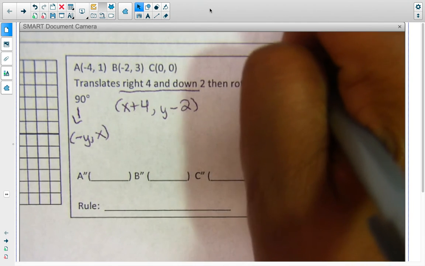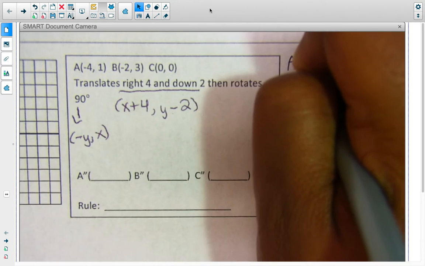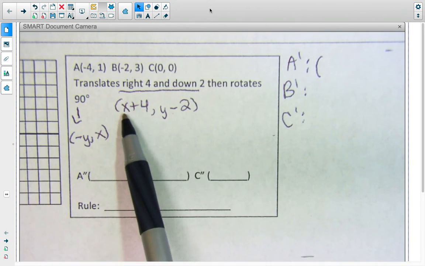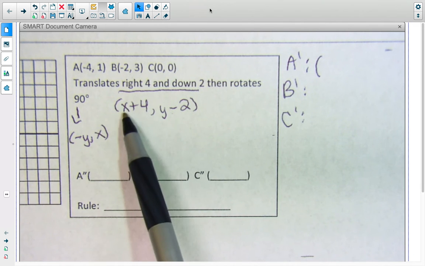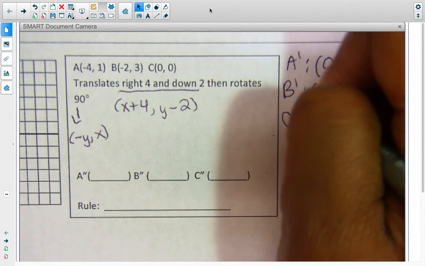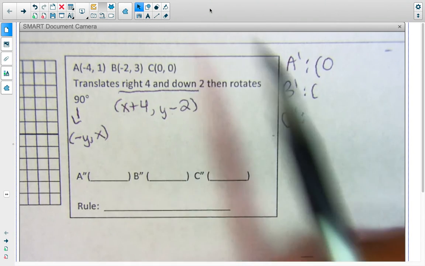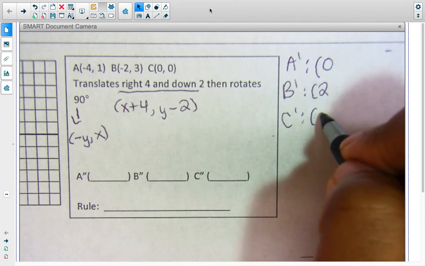All right, so let's find our prime. I want to do x plus 4. So we're going to take all of these x coordinates and add 4 to it. -4 plus 4, -2 plus 4, and 0 plus 4.